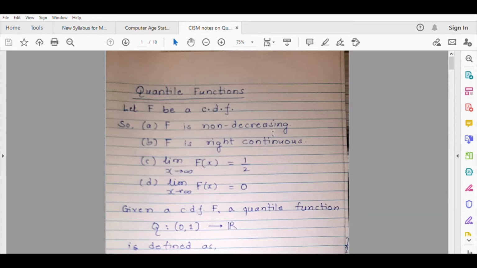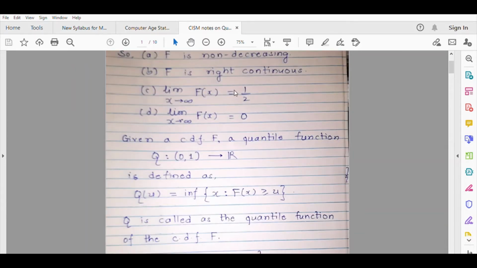You are already familiar with the concept of cumulative distribution function, briefly called CDF. If F is a CDF, then we know the four properties: F is non-decreasing, F is right continuous, F(x) right limit should be 1, and left limit should be 0.